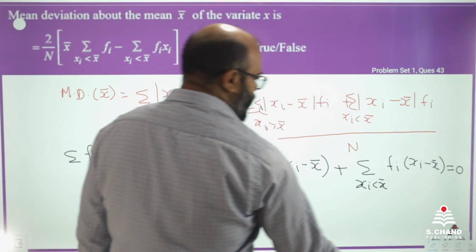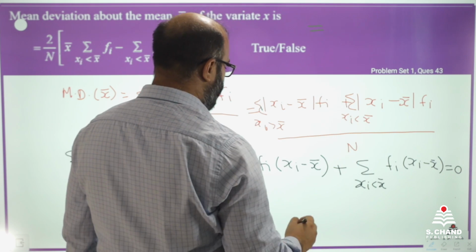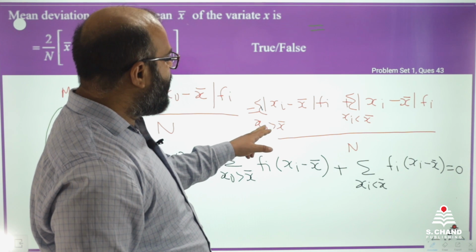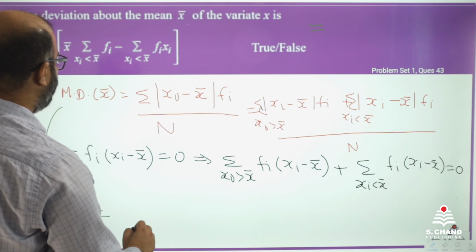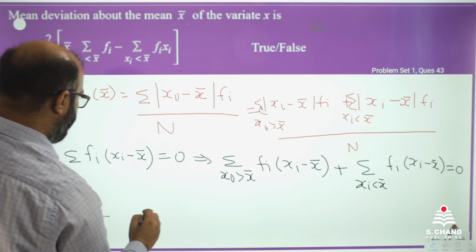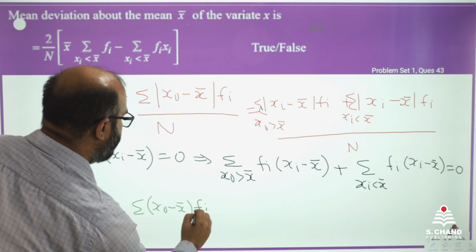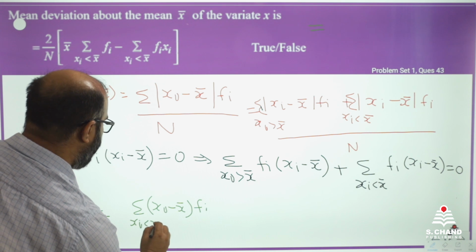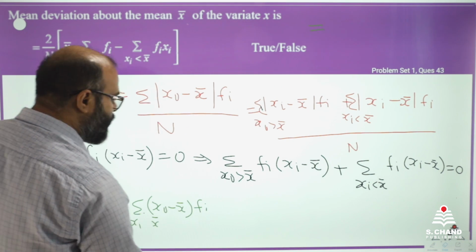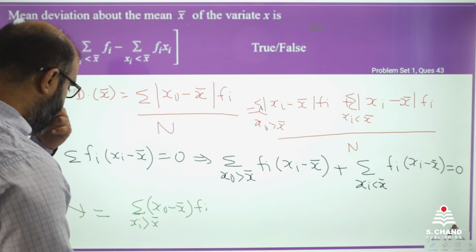When you eliminate the mod, for xi greater than x mean the mod just vanishes, so it becomes sigma of xi minus x mean times fi, and you get a positive sign.